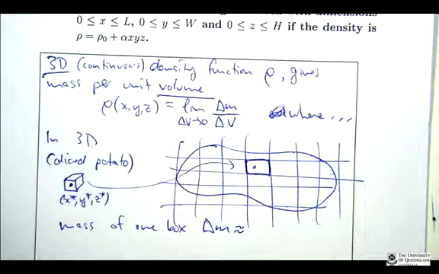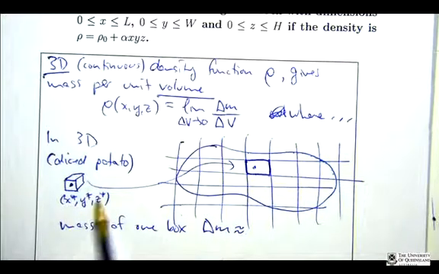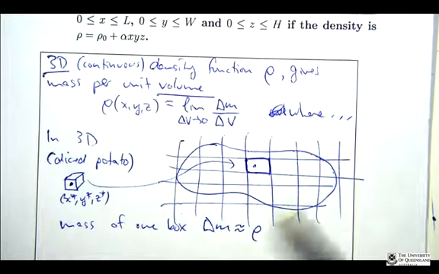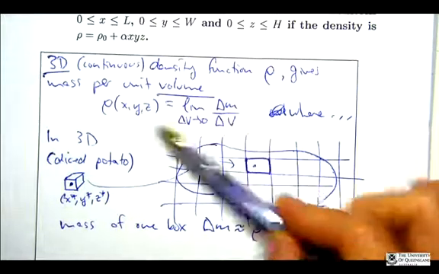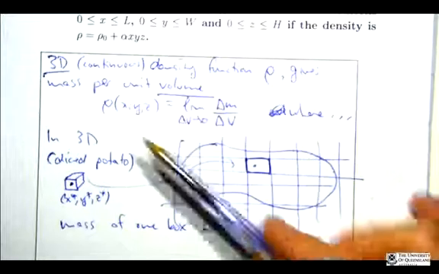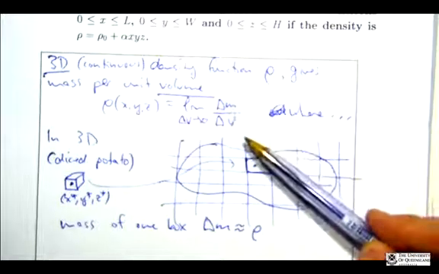All right. So as an approximation, we'll just assume that the density function takes on a constant value over that box, and that the value we'll choose is the value of the density function at this representative point. Okay, so as an approximation to the mass of one of these boxes, we'll just rearrange this equation. Now, if this were constant density, that really would be mass divided by volume, right?